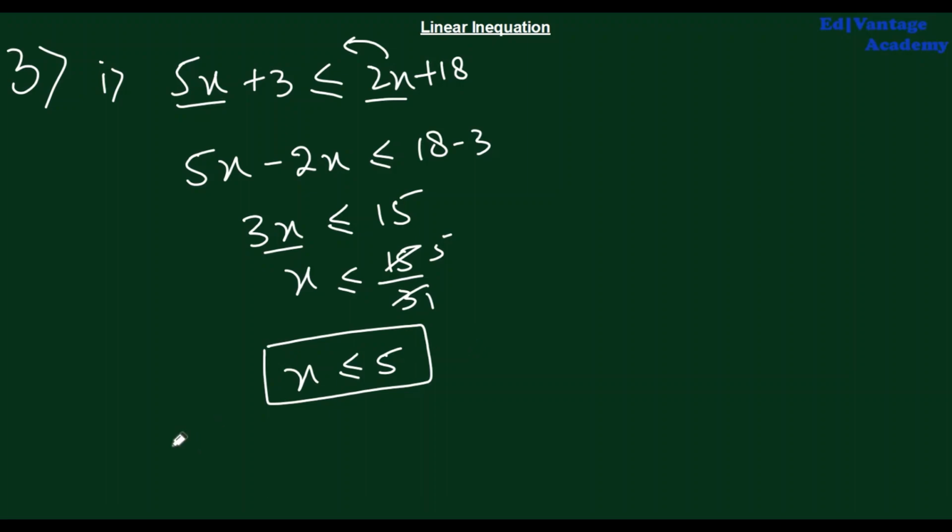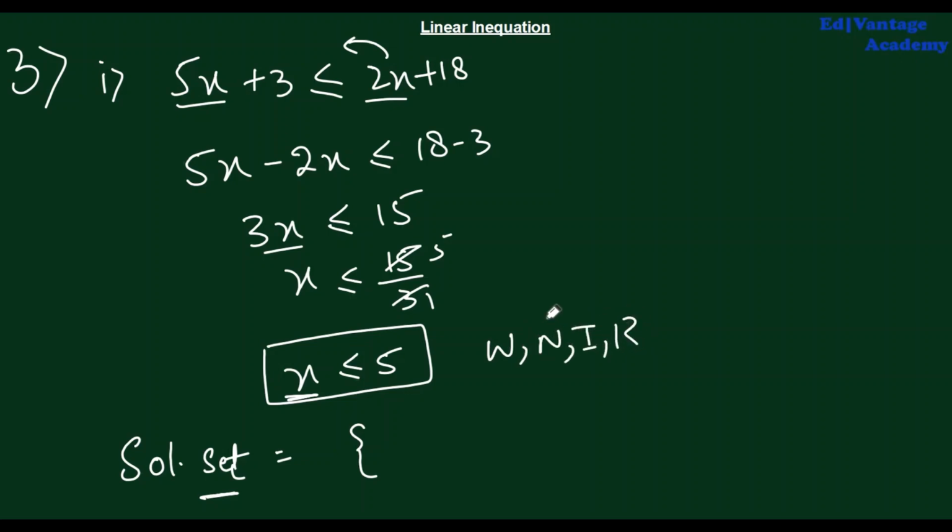How to get the solution set? Now the solution set, or you can call it replacement set, you might have learned before. You must have understood what sets are. So to put this set, we need to know what x is. Is it a whole number, natural number, integer, or real number? You can see in question number 3 they have told x is a natural number.